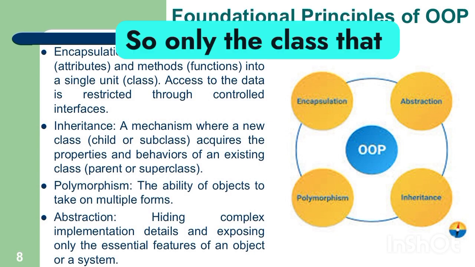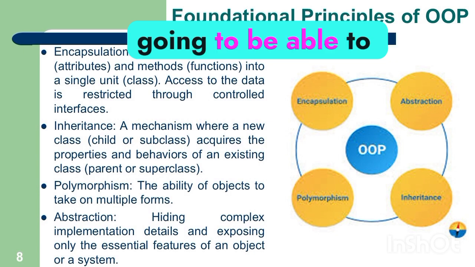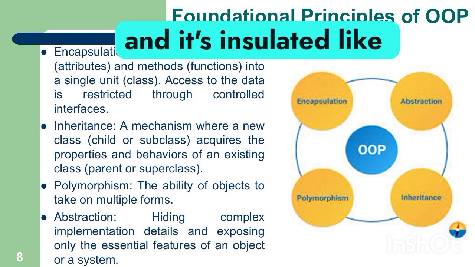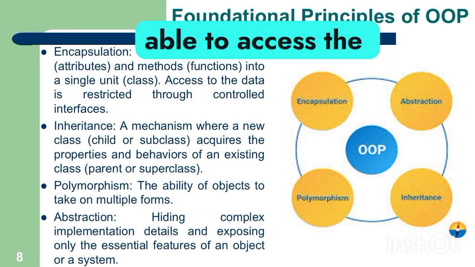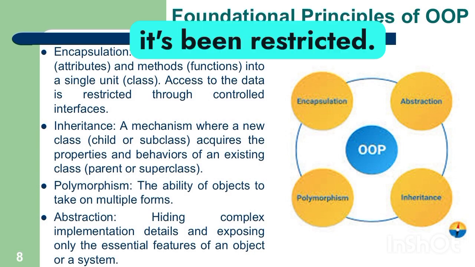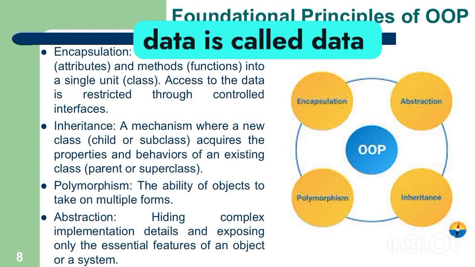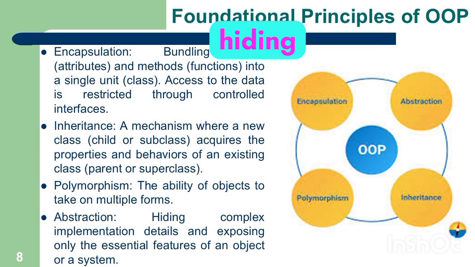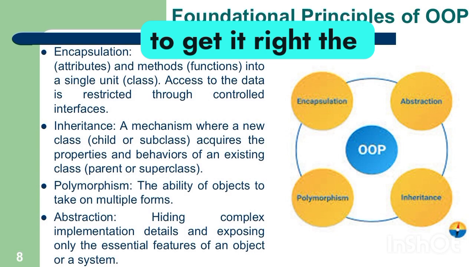Only the class designed to access those attributes or methods is able to access them. It is insulated, just like a capsule. Nobody can access the inside of this capsule unless they are the owner of the capsule, right? It is protected and restricted. So this process of insulating an object's data is called data hiding or information hiding. This is very, very essential. Please, you need to get it right.